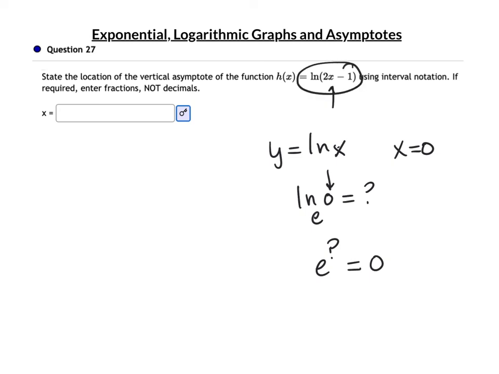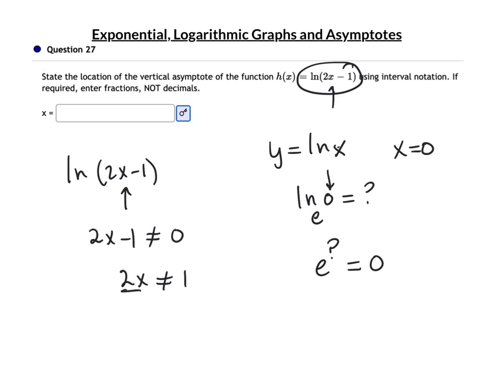When I look at this equation then, the natural log of 2x minus 1, what I know is that this thing can't be 0. 2x minus 1 cannot be 0. What value of x would make it 0? Well, let's solve this. 2x can't be 1, add 1 to both sides, divide by 2, and x cannot be 1/2.